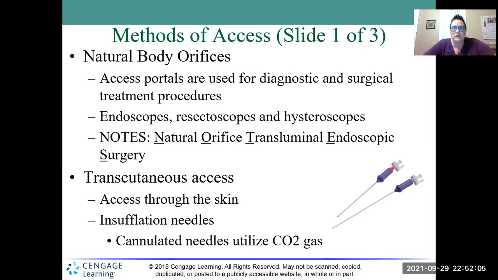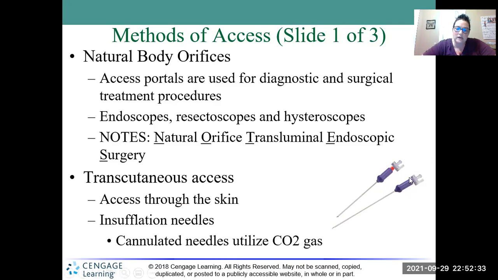So here we're using things like trocars, I'll show you in a moment, as well as insufflation needles. And so these are some insufflation needles. You can see they have a stopcock on them so that the CO2 gas can be injected into the cavity to expand that cavity so that there's a lot of visual space there.